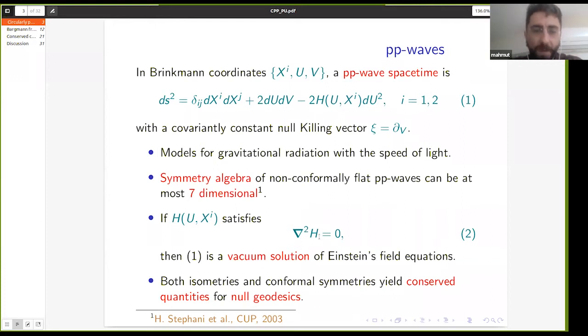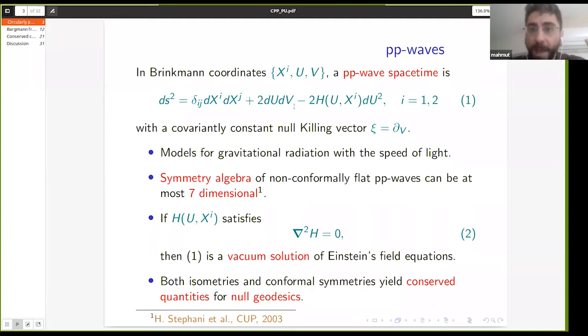Okay, very good. And as I told you, the important thing is that the isometries of the spacetime, the symmetries and conformal symmetries, all yield conserved quantities for null geodesics in this gravitational wave spacetime. Okay, so this is the crucial point for us.